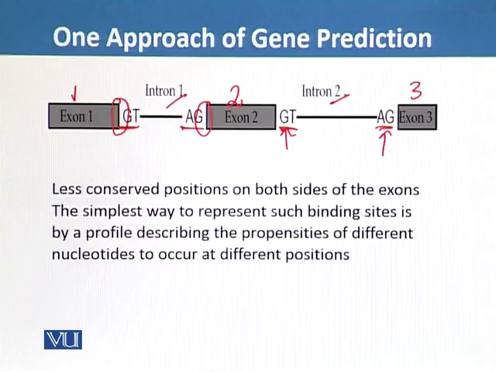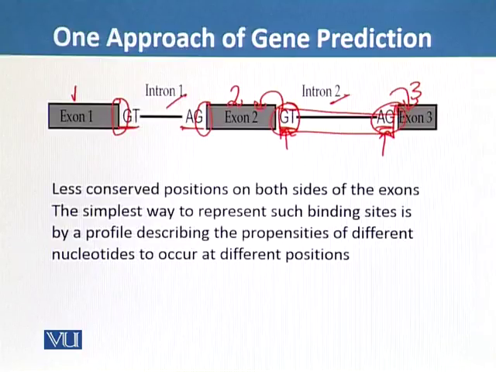So by using this information, if it is GT and AG, we can predict that this is the start and end of an intron, and definitely before the start of the intron there must be an exon, and after the end of the intron again an exon. So we can predict the presence of exons within the gene.